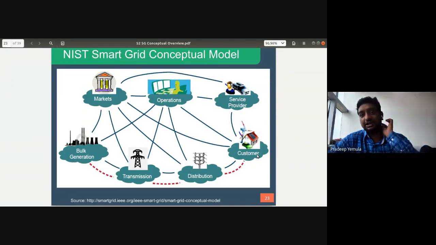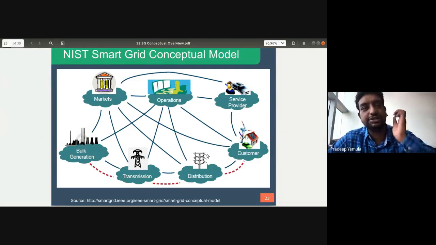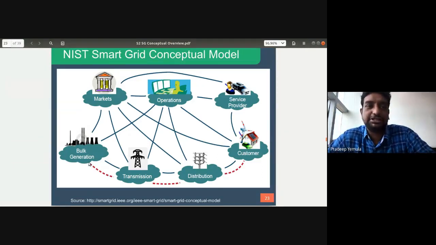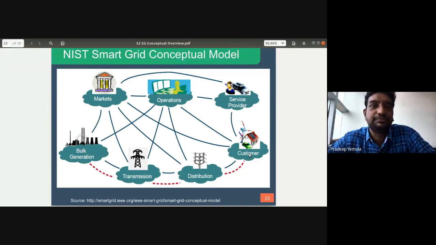In any typical electrical engineering course, you will learn about generation technologies, transmission, distribution, and finally the end user, the motors, applications, and everything. These are the four traditional domains. They are connected with a red dotted line, which signifies that power is flowing between these domains.